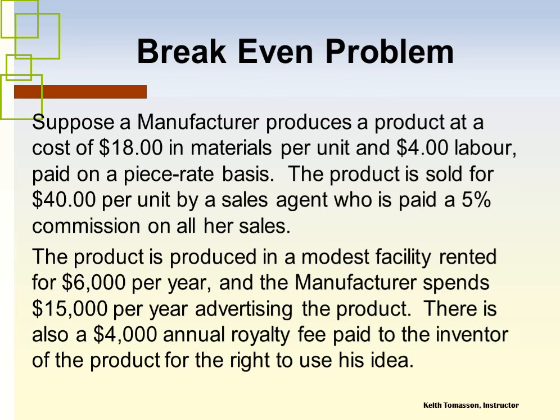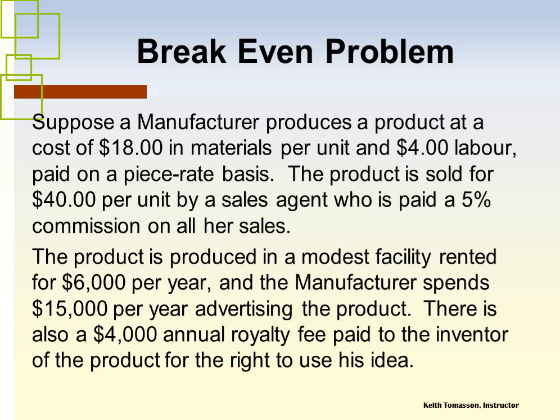Our product is sold for $40 per unit by a sales agent who's paid a 5% commission on all her sales. So we have a manufacturing plant, a modest facility that's rented for $6,000 per year, and the manufacturer spends $15,000 per year advertising the product.